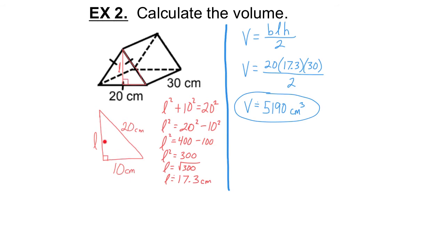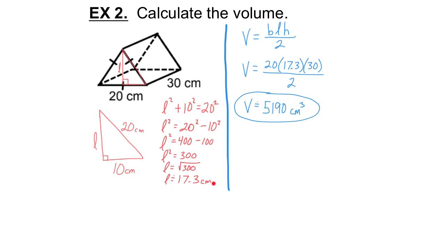So I've just redrawn that triangle here, 10 centimeters, 20 centimeters, and L. It's a right triangle, which means I can use Pythagorean theorem, which I've done here. Don't forget to put the hypotenuse in the correct spot when you're using Pythagorean theorem. Otherwise, it won't work out properly. So here's my work.